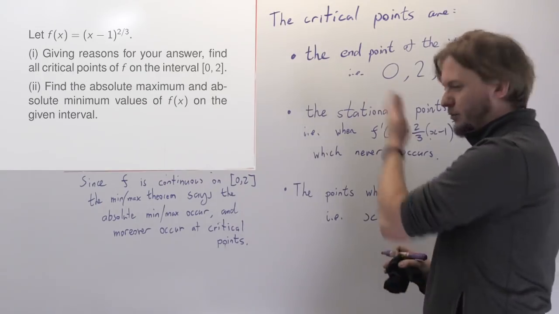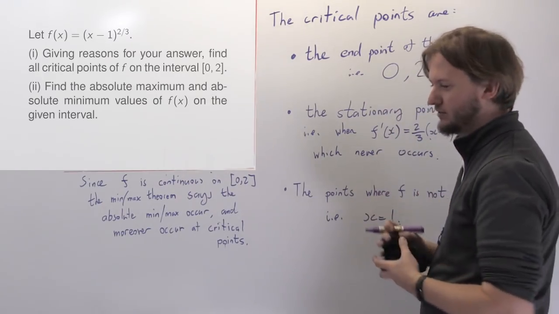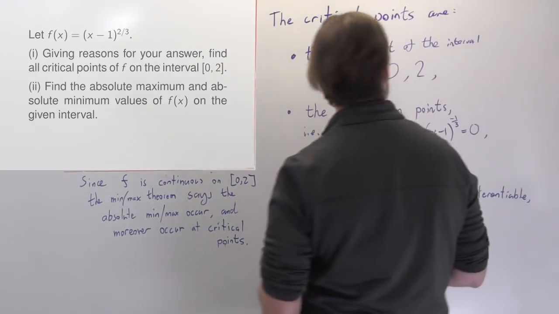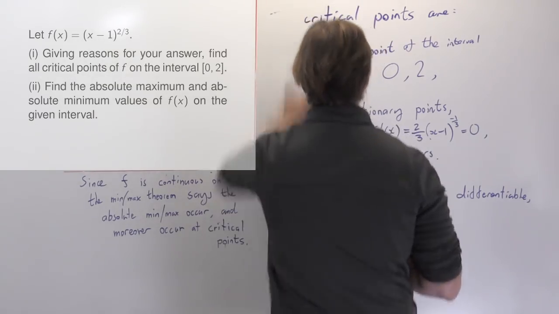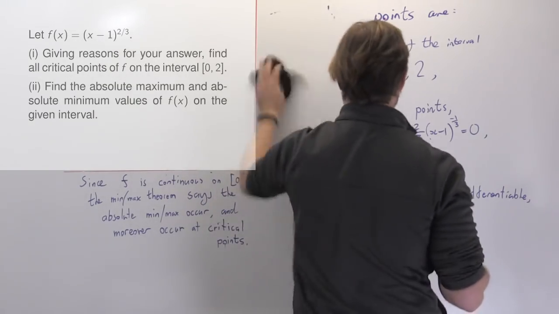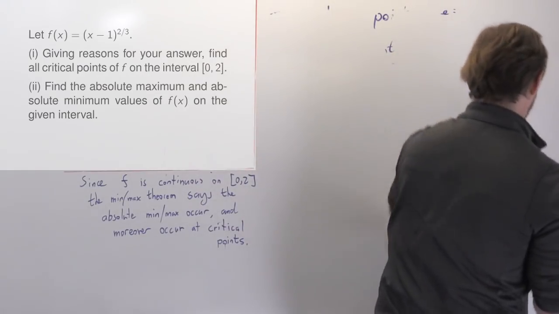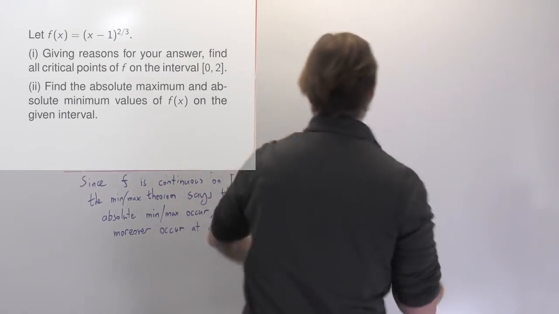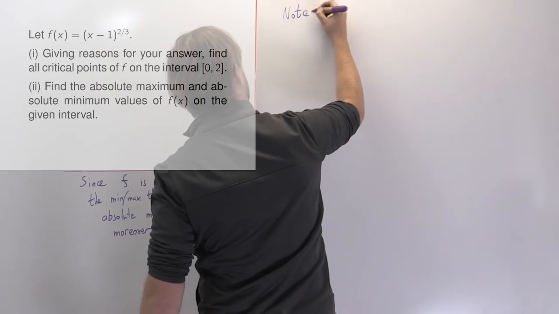Alright, so there are only 3 critical points. All we need to do is look at what they're doing, and they will give us the maximum value and the minimum value once we sort through them. Okay. Alright, let's get some information.